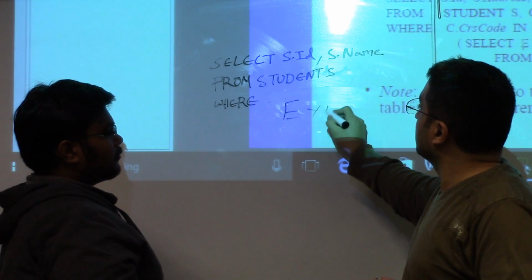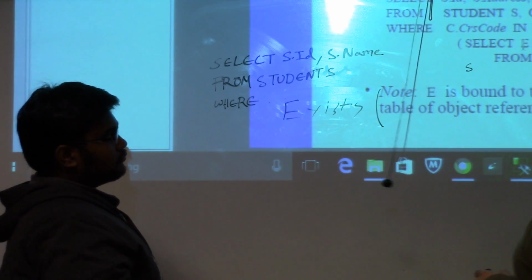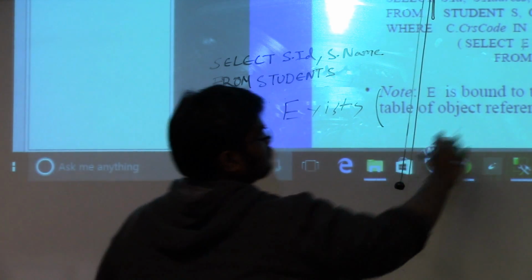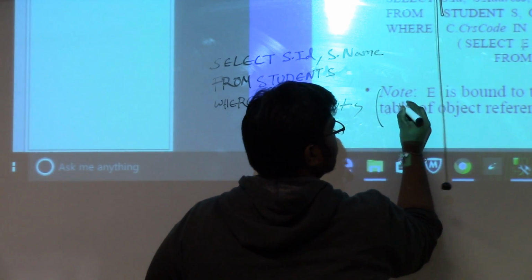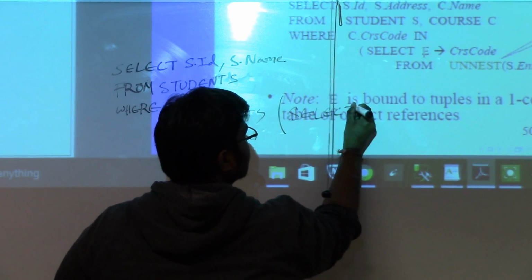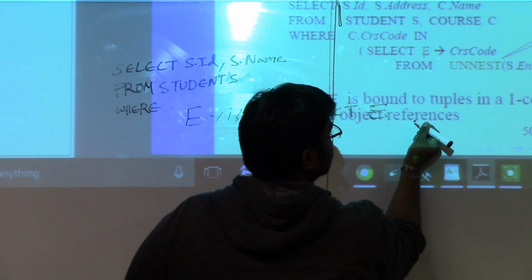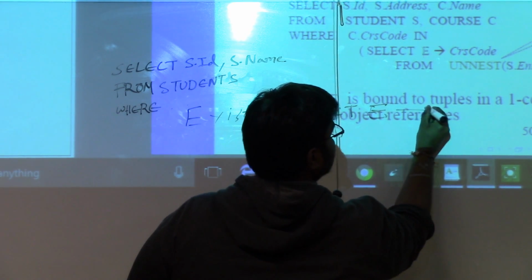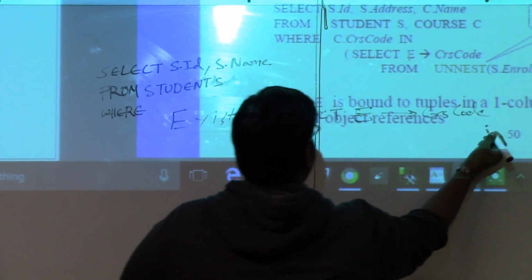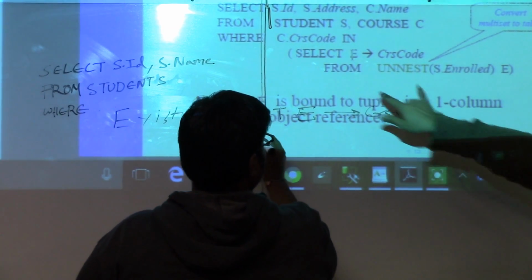You have this exists, right? Now write the rest similar to this one. Select E pointer course code from onset, similar to exactly this one.